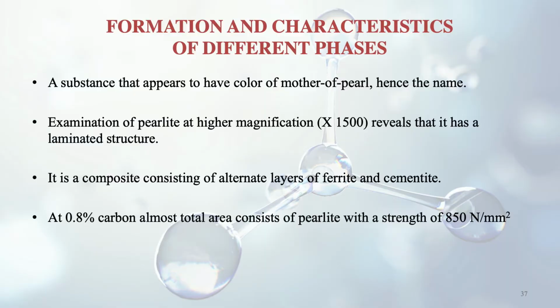At 0.8% carbon, almost the total area consists of pearlite with a strength of around 850 Newton per millimeter square. So you can see that around the 0.8% carbon area, meaning the eutectoid point, it is mostly pearlite, and it has a strength of 850 Newton per millimeter square.